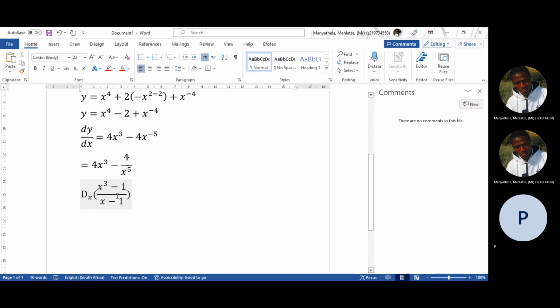Firstly, before we start deriving, for as long as you haven't started deriving, you keep the dx throughout until you are ready to derive. So let's simplify this one. If you can check, x cube minus 1 is the difference between two cubes.